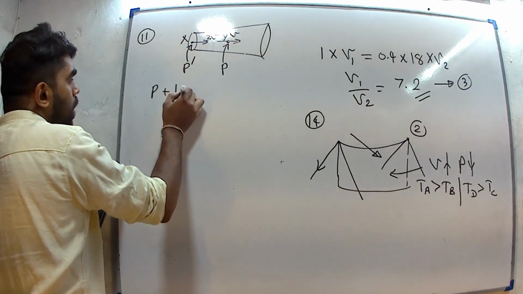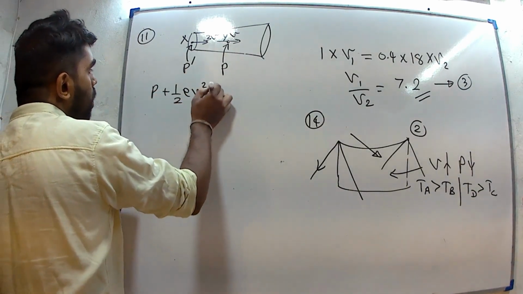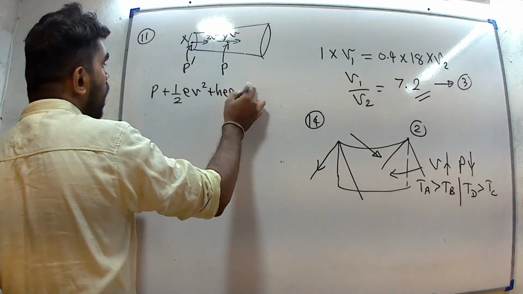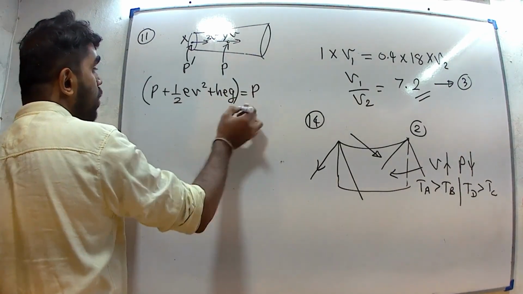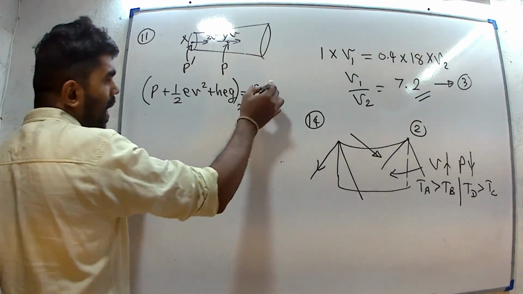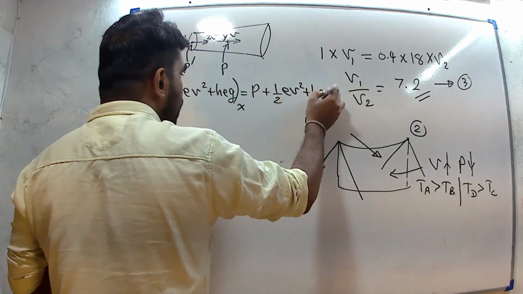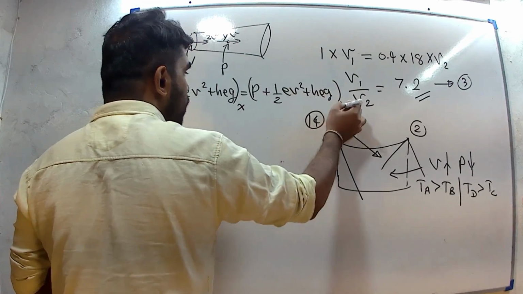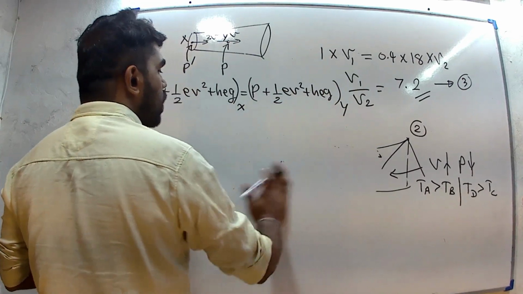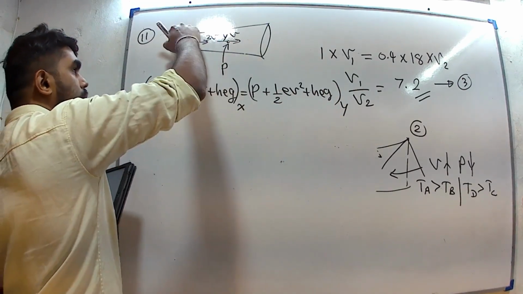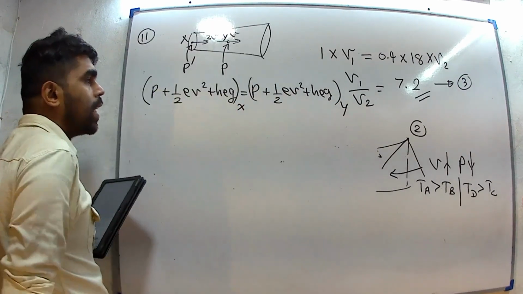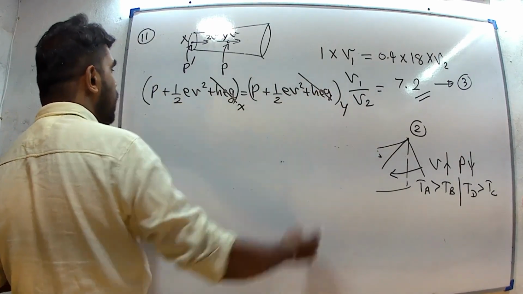Pressure plus half rho v squared plus rho g h for point x should be equal to pressure plus half rho v squared plus rho g h for point y. Now we know that these two points are at the same horizontal level, so rho g h is constant.